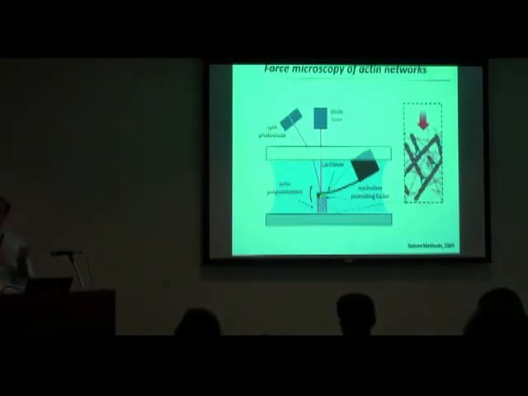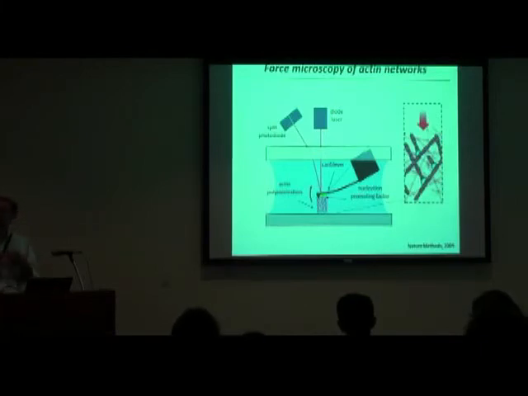So in experiments that I'll show you now, we're doing reconstituted experiments. So these reconstitutions are a process of identifying the particular proteins that are important for a process, purifying them, and then recombining them in a physiologically relevant way.